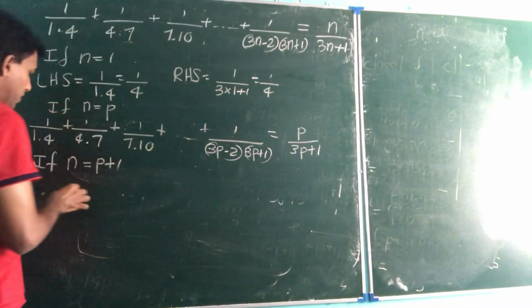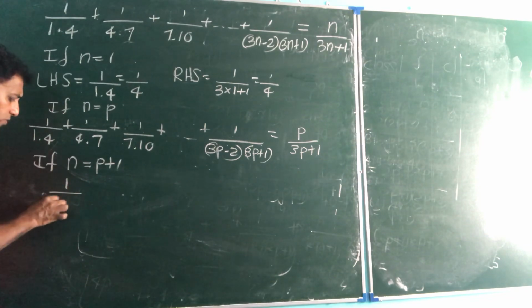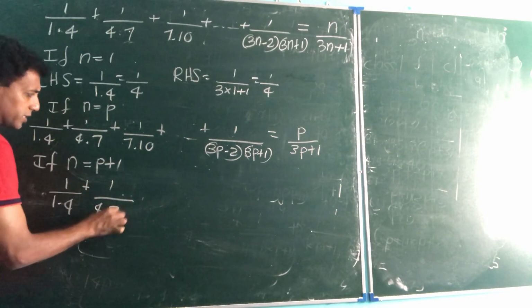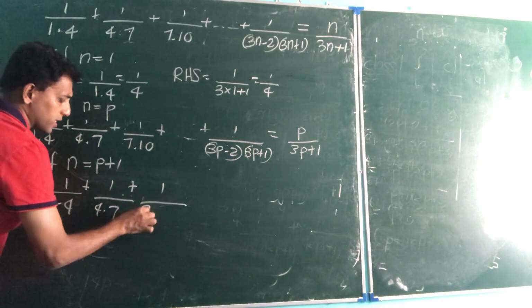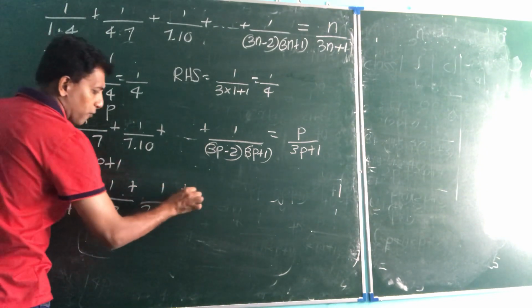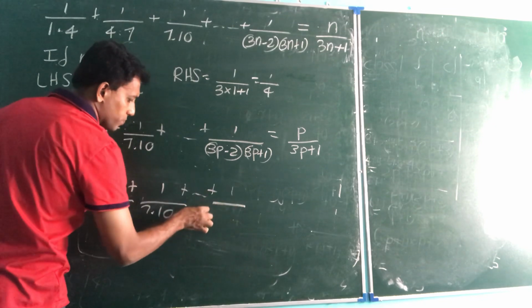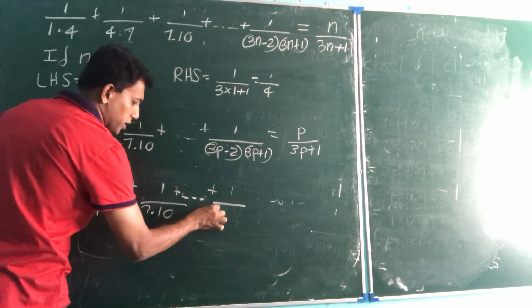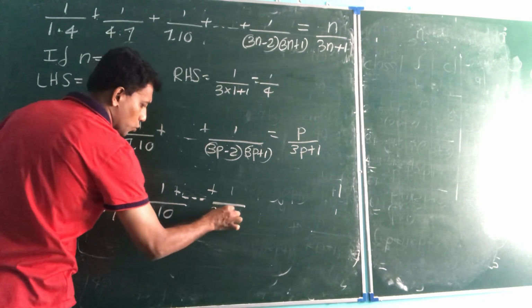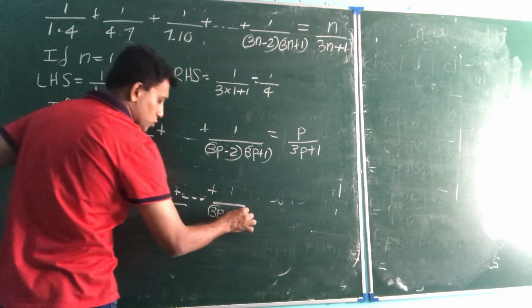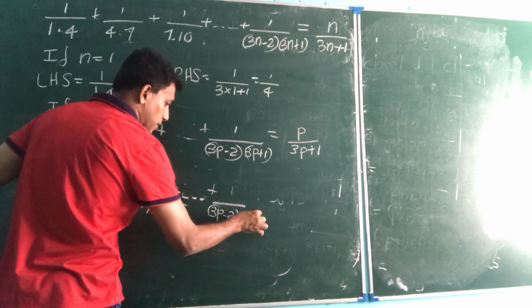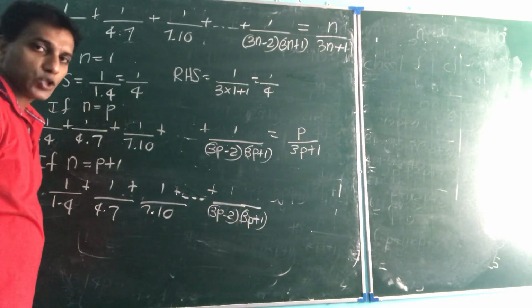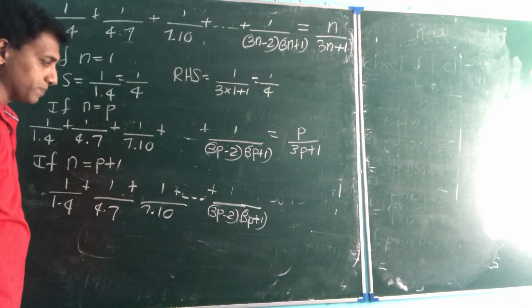So what is up to p terms? 1 over 1 into 4 plus 1 over 4 into 7 plus 1 over 7 into 10 and write the pth term, 1 over (3p minus 2)(3p plus 1).